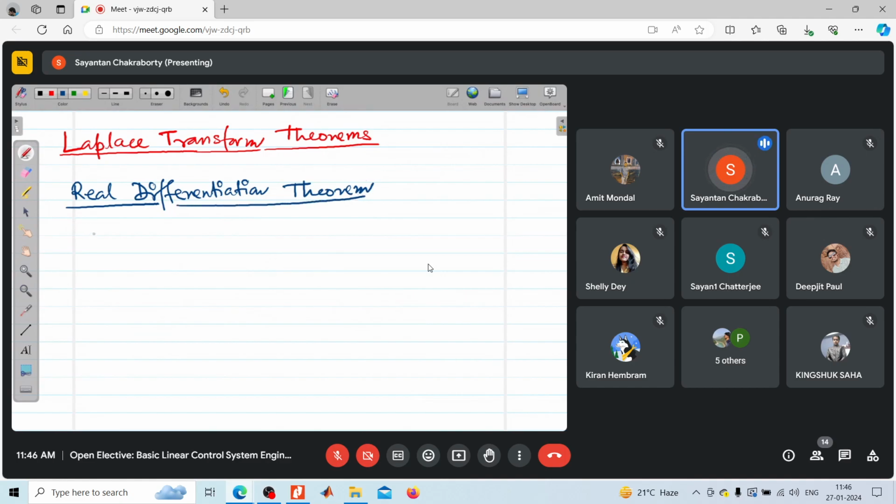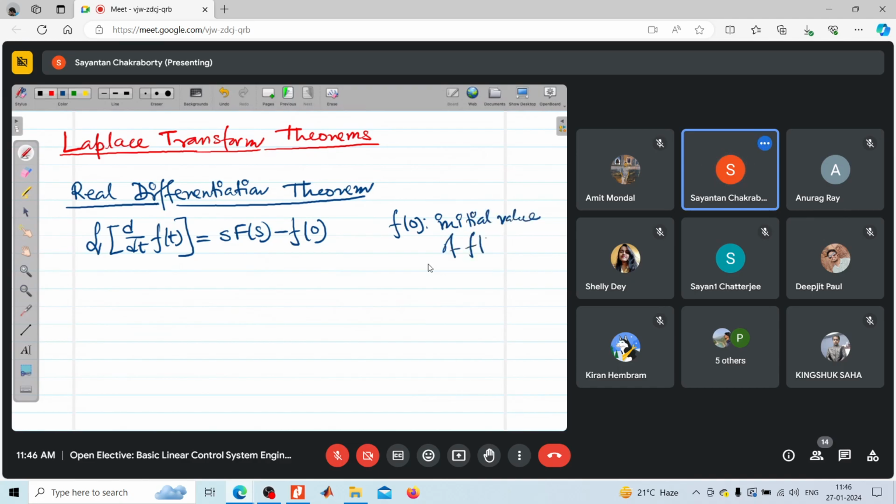That means we'll show that the Laplace transform of d/dt of f(t), not f(t) rather d/dt of f(t), is defined as s F(s) minus f(0). That f(0) is defined as the initial value of f(t) at t equal to 0.